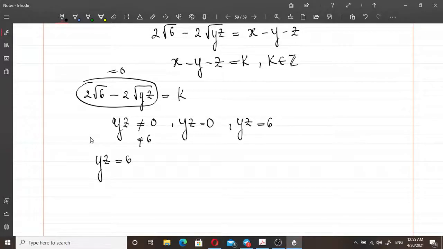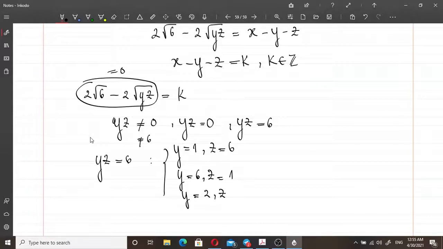So if y z is equal to 6, we will get y is equal to 1 and z is equal to 6, y is equal to 6 and z is equal to 1, and y is equal to 2 and z is equal to 3, and y is equal to 3 and z is equal to 2.